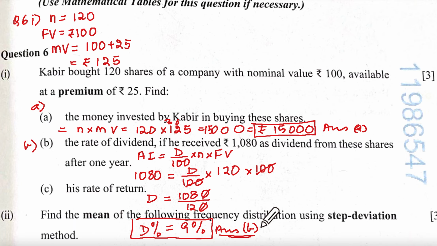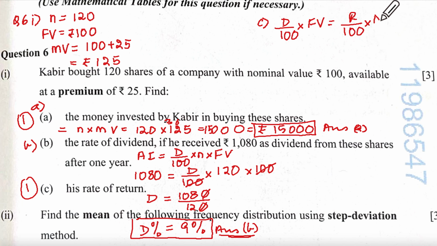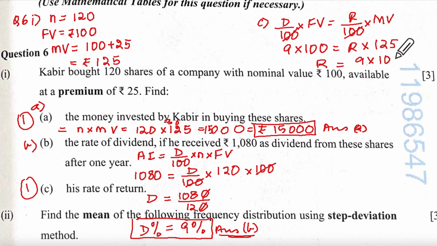This was good enough. It's a 3-mark question, so 1 mark for this and 1 mark for getting this 9%. For the C part, rate of return, I have told you to use the formula D upon 100 of FV is equal to R upon 100 into MV. It goes very, very fast. So 9 into 100 is equal to R into MV, which is 125. So R is equal to 9 into 100 upon 125. 25 4s and 5s.